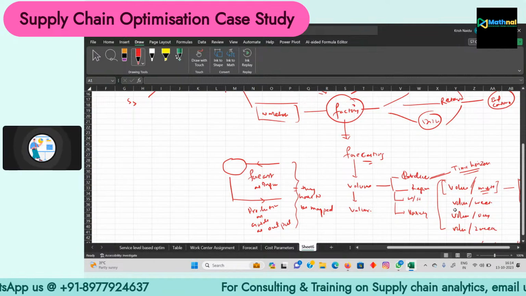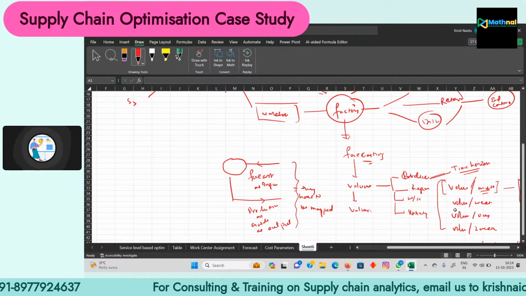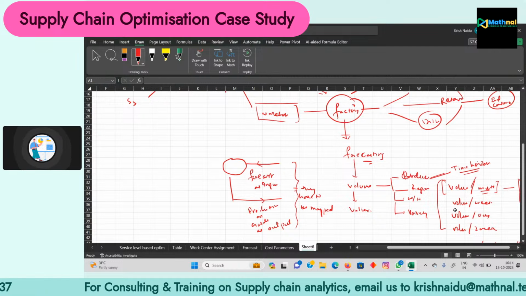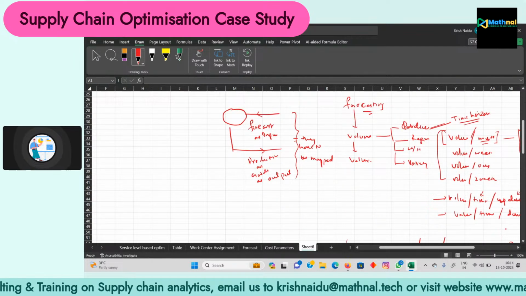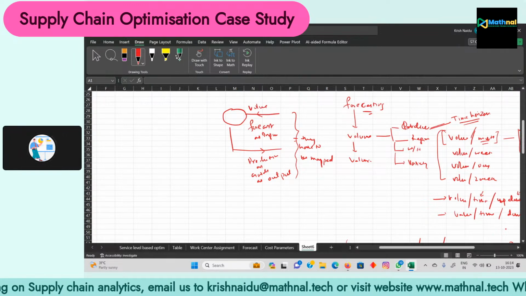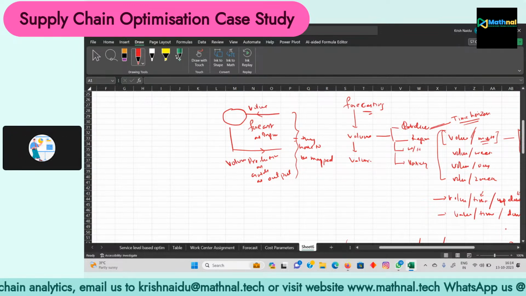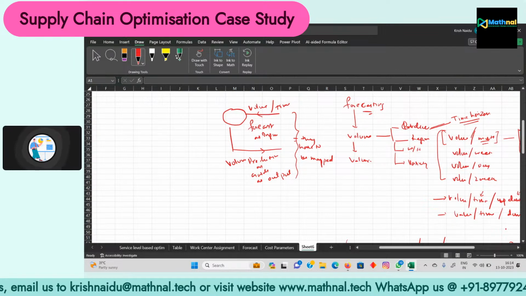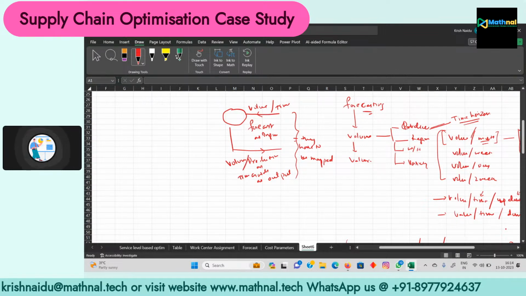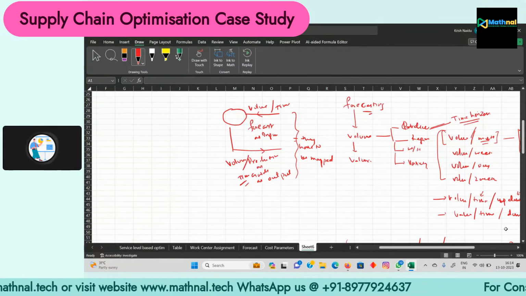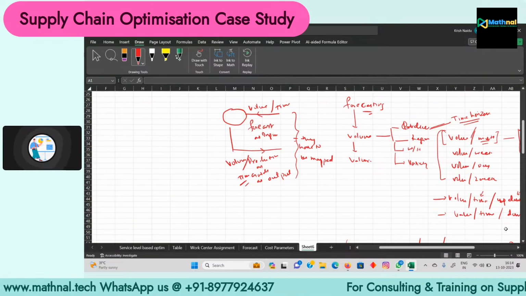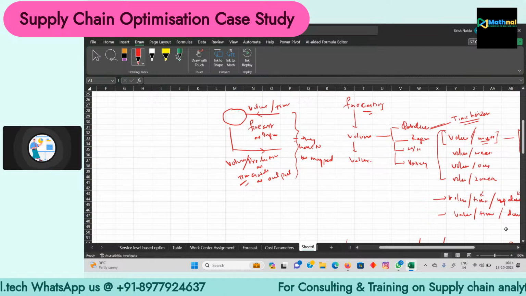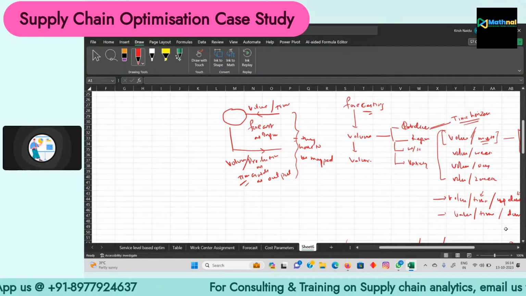They both have to be mapped. We are mapping in terms of two aspects: one is our volume, and the other is our time. So we are going to produce a volume in a certain specific time, based upon the forecast, which is also a volume in a certain specific time. That's what we are going to match.